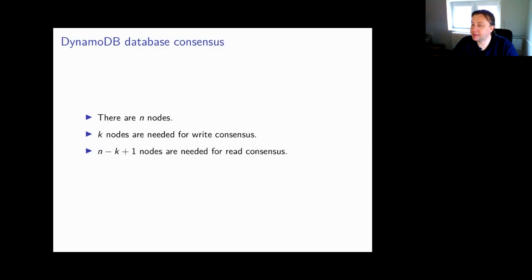And that makes for a very, very fast database algorithm, because you can basically distribute the database to many nodes. You can send them write requests or read requests. And if you get only k answers for a write request or n minus k plus 1 answers from read requests, you succeed.